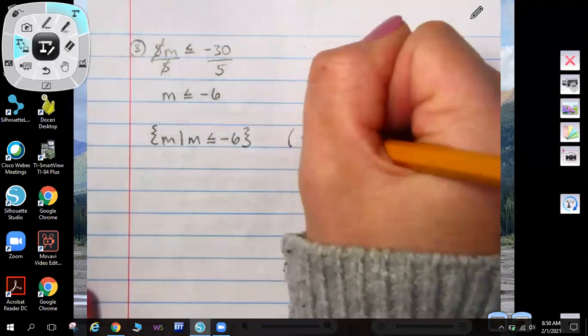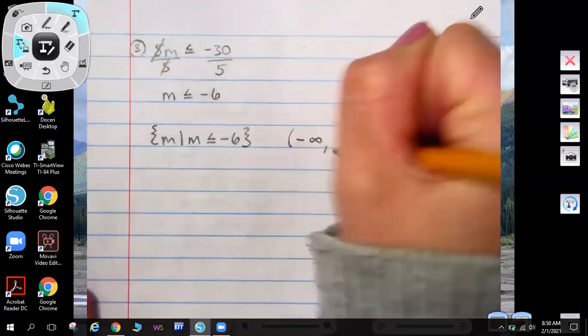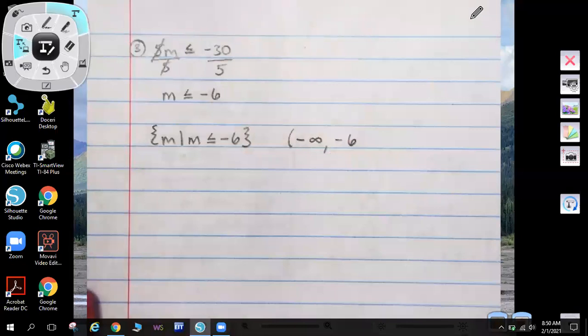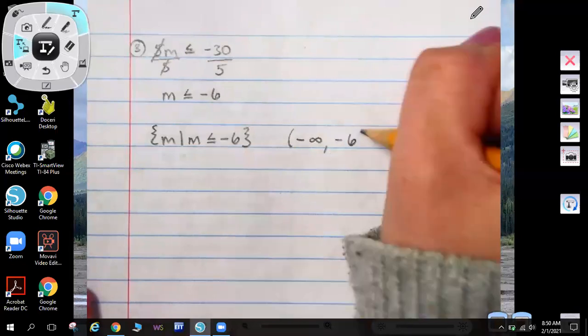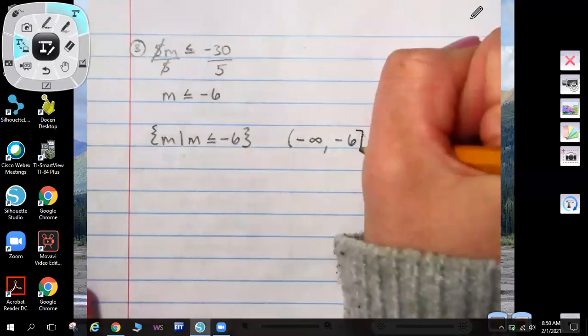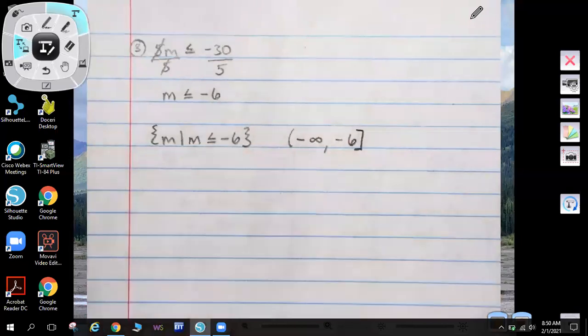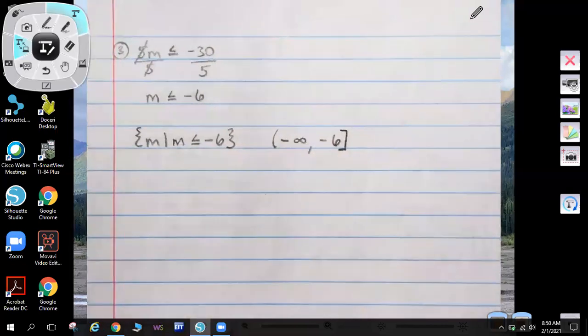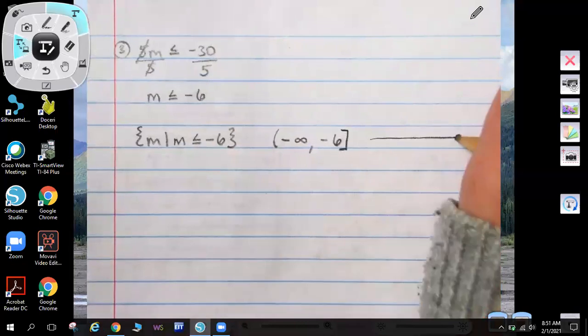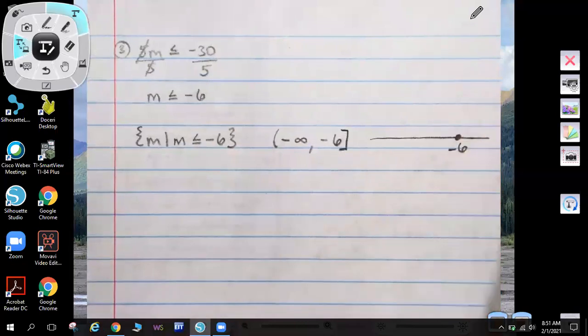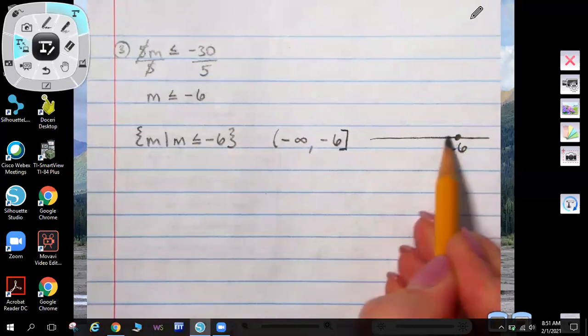We're going to start at negative infinity, go up to negative 6, and we are including negative 6 in our interval because we have this or equal to line on our inequality. So we use a square bracket. And our graph should have a closed circle at negative 6, and the left side should be shaded.